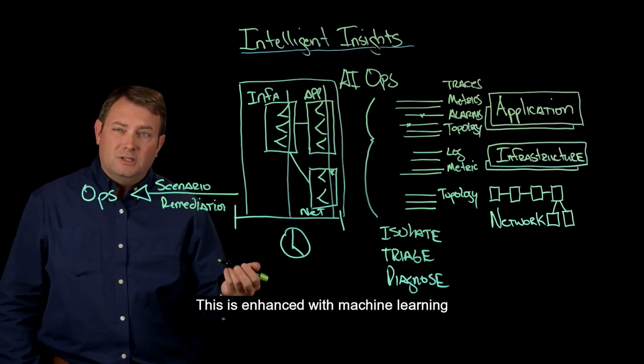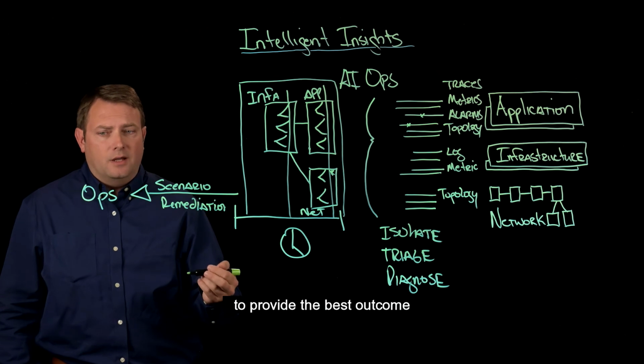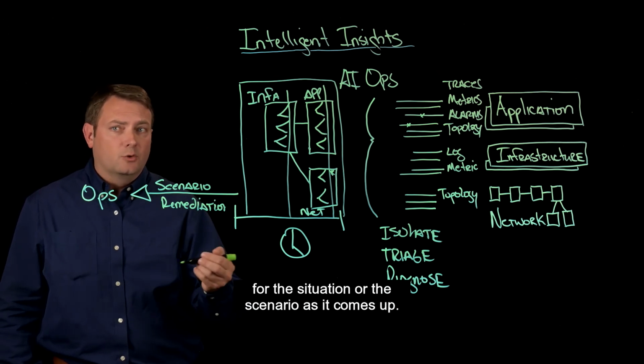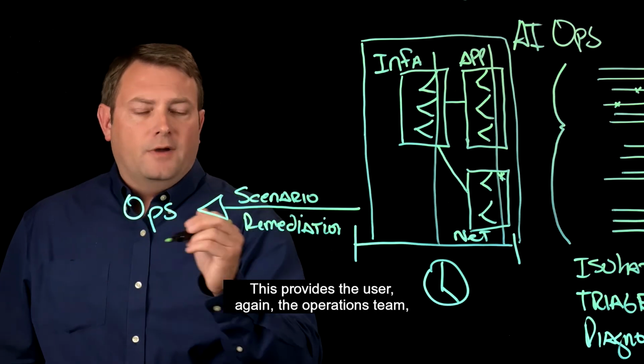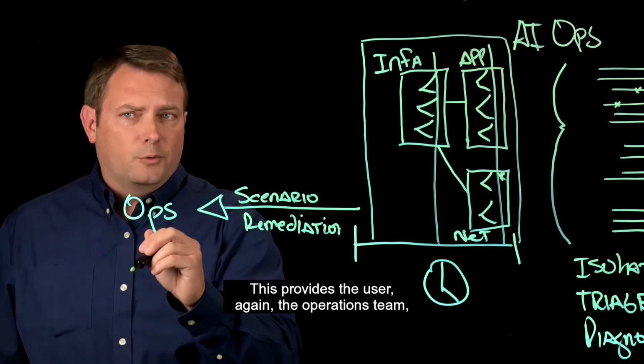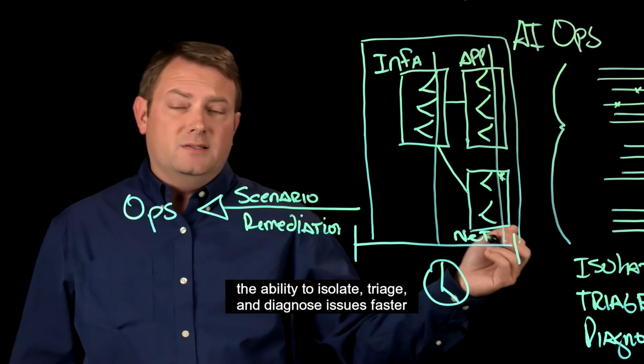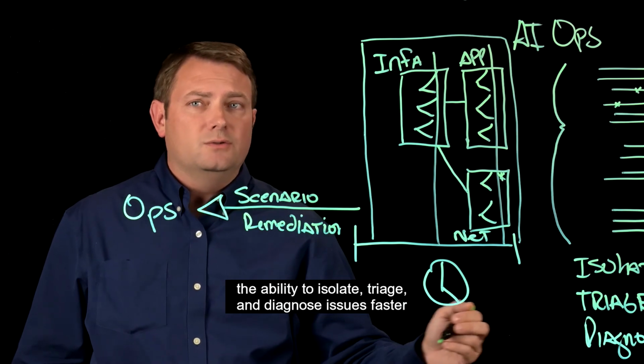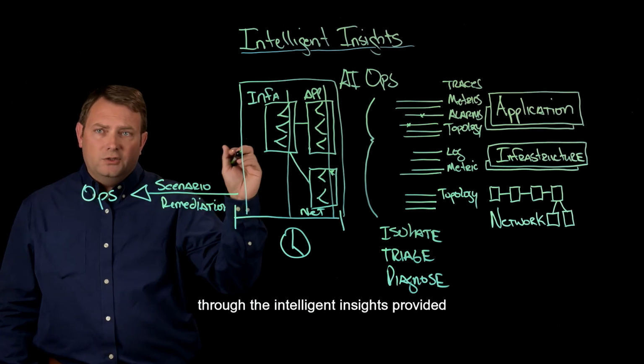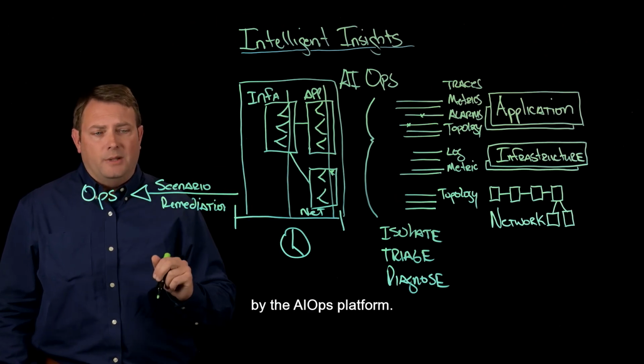This is enhanced with machine learning to provide the best outcome for the situation or the scenario as it comes up. This provides the user, again, the operations team, the ability to isolate, triage, and diagnose issues faster through the intelligent insights provided by the AIOps platform.